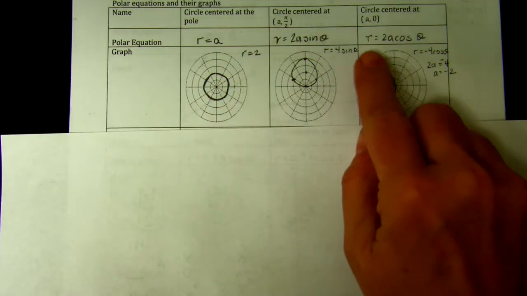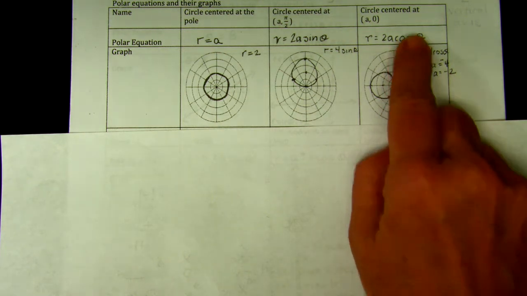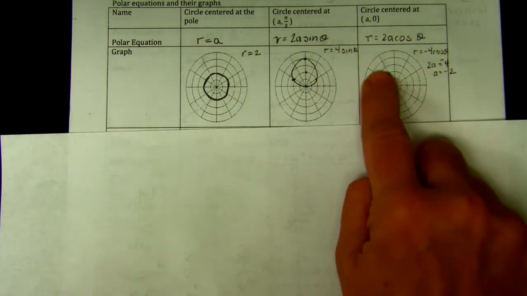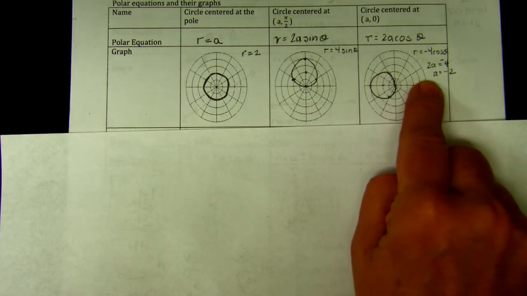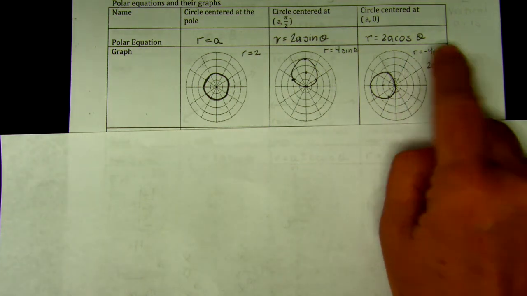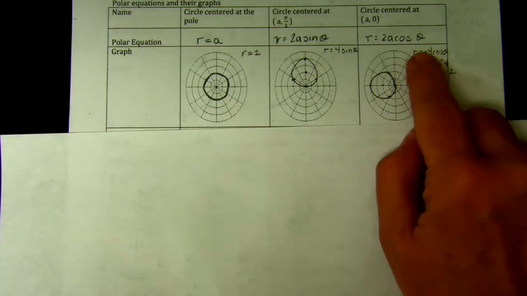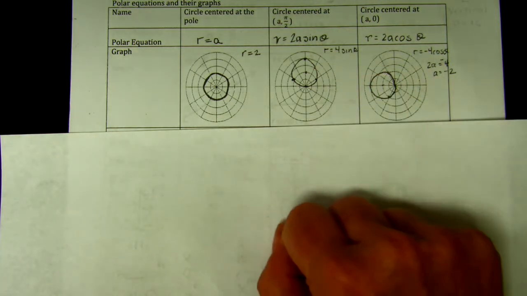If we have the equation r equals 2a cosine theta, since this is cosine, I know the circle is going to be around the horizontal axis, and since I have the equation r equals negative 4 cosine theta as my example, that negative tells me I'm going to be over in this area of my polar graph.